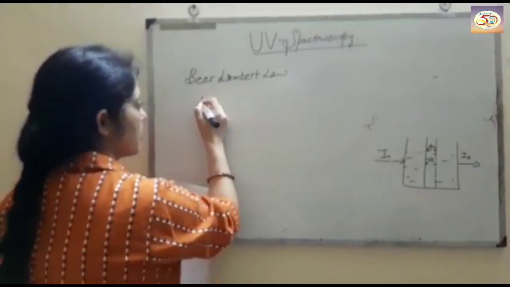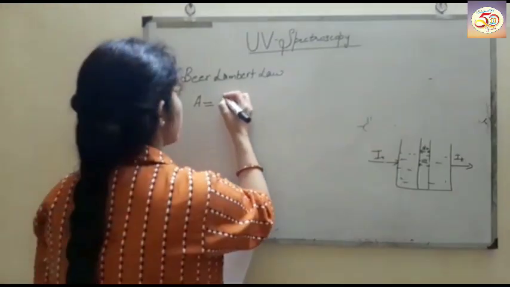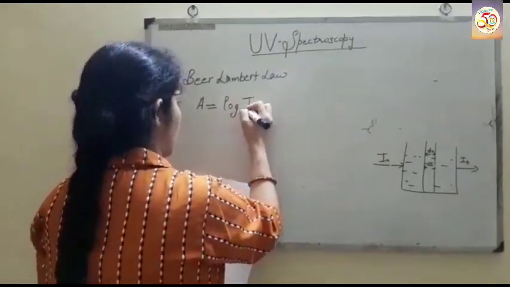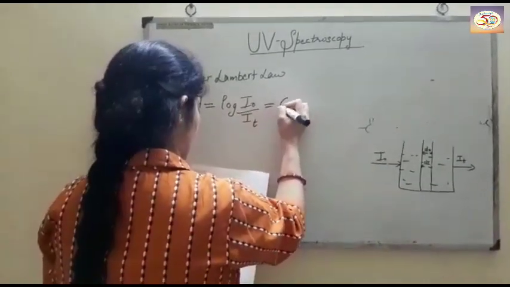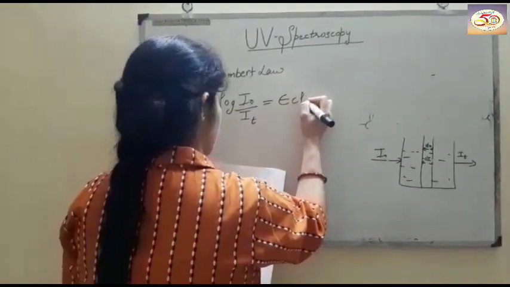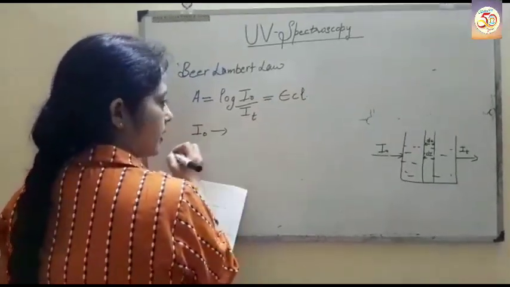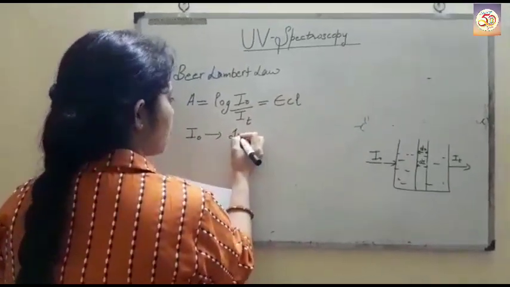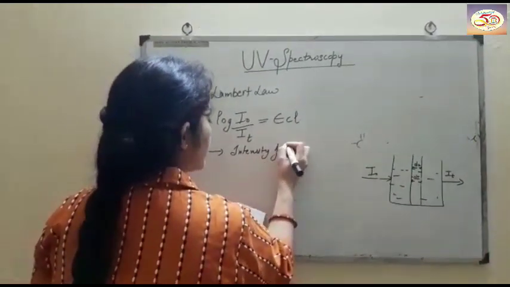Mathematically, it is given as A, where A is absorbance, equal to log of I naught by I T, equals epsilon C L. What is I naught? We have already explained: it is the intensity of incident light.